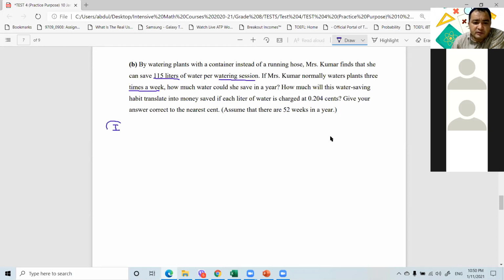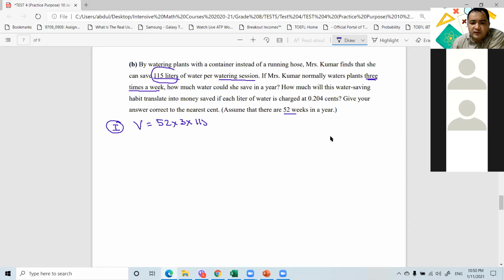Let's answer the first part of the question. We know that in a year, we have 52 weeks. And in 1 week, she is watering 3 times, right? So altogether, the total volume she saves in a year is 52 weeks, and in each week she is watering 3 times, and each time when she waters, she is saving 115 liters of water.